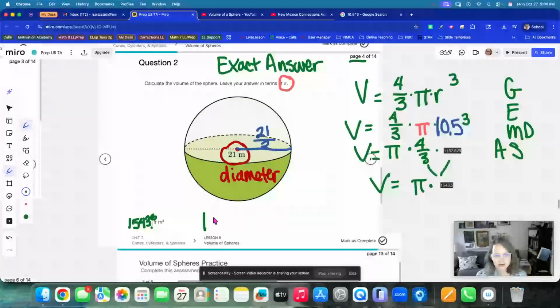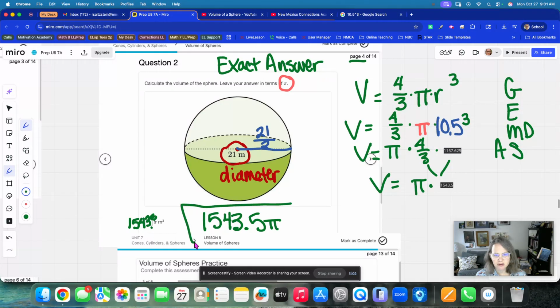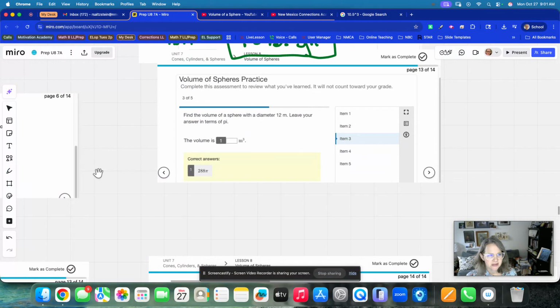So the final answer here is 1543.5 pi. And so we call that in terms of pi. This is all you have to enter in the box, because then we're not multiplying by an irrational number and getting a wacky chain of decimals, all right? Okay, let's do some problems that are in your work.